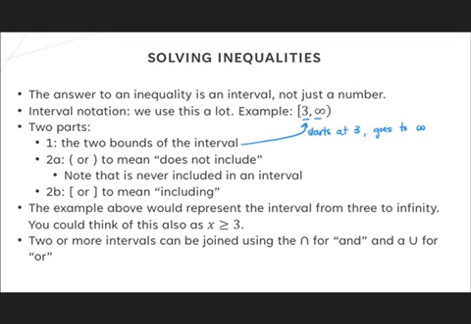Now the parentheses and the style of parentheses around them also has a meaning. So if I use round parentheses, like I have on this side, this means it does not include. And does not include would be if I was using greater than or less than. Okay, so it doesn't have the underline. If it has the underline and I do want to include the interval, we use square brackets.